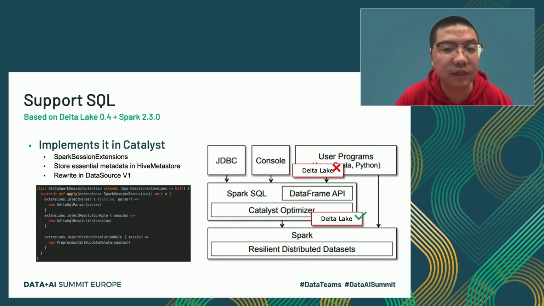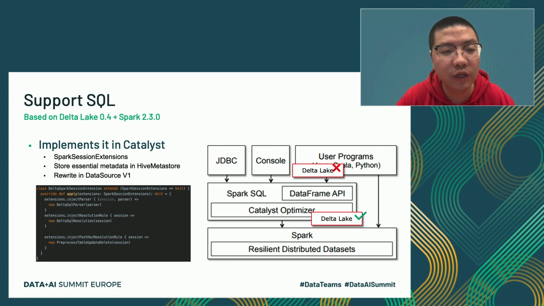So to achieve this, we didn't use the Delta Lake Java API or Scala API. We just use Spark session extensions. We implemented this in Catalyst, so it can benefit from Catalyst.